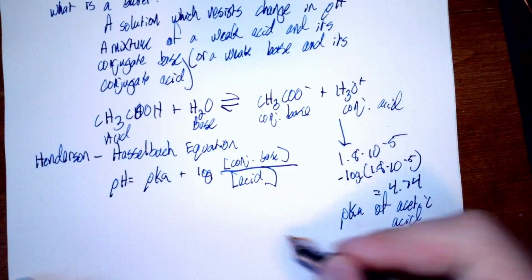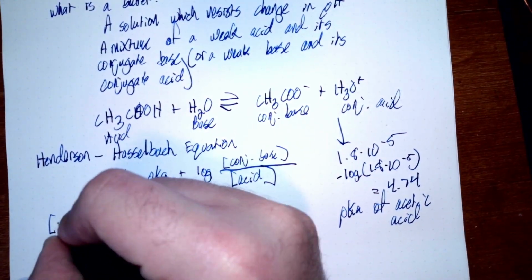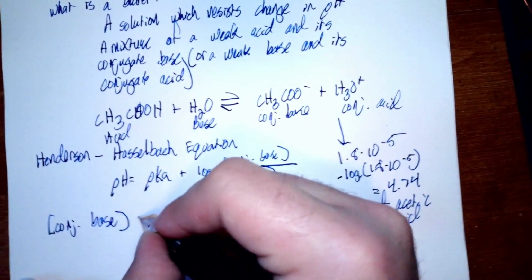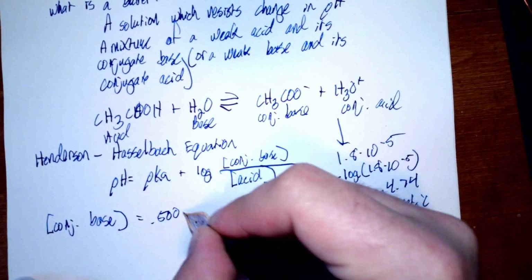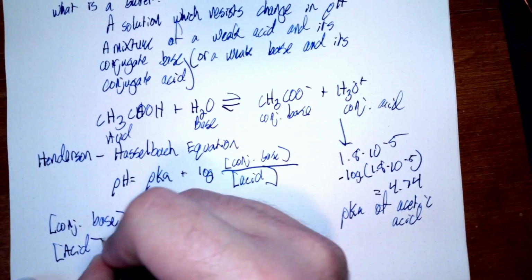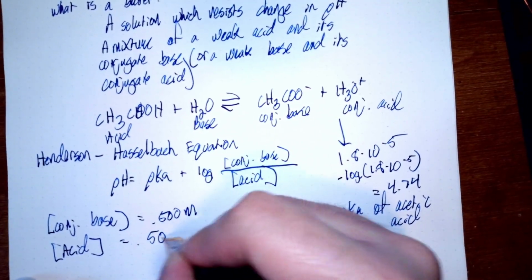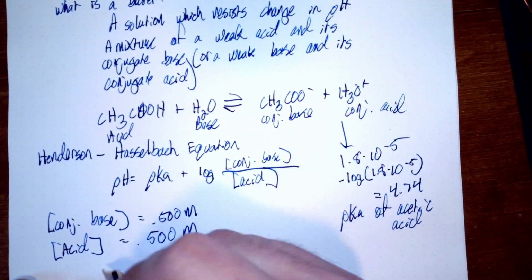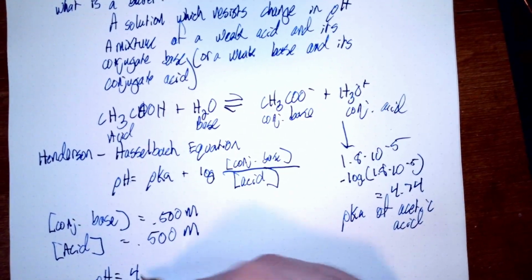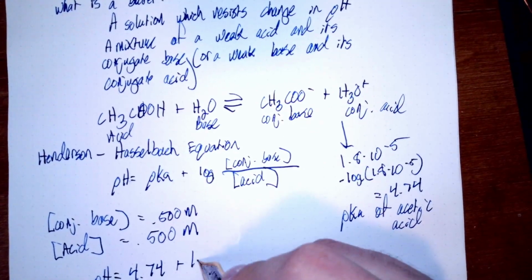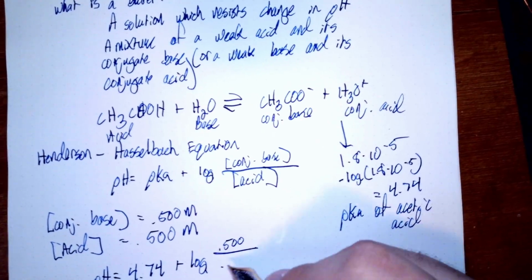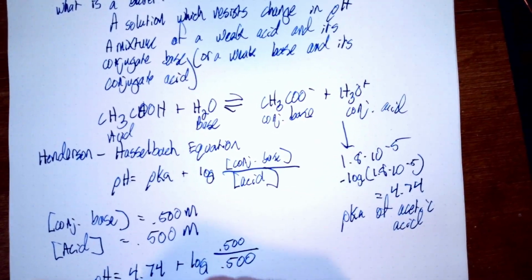Let's look at acetic acid, where our conjugate base concentration is 0.500 molar, and our acid is 0.500 molar.